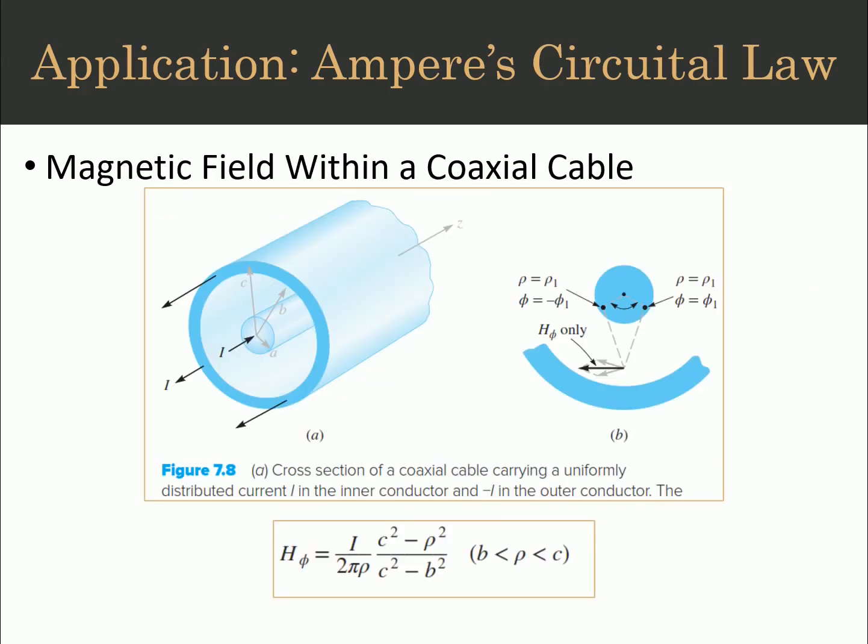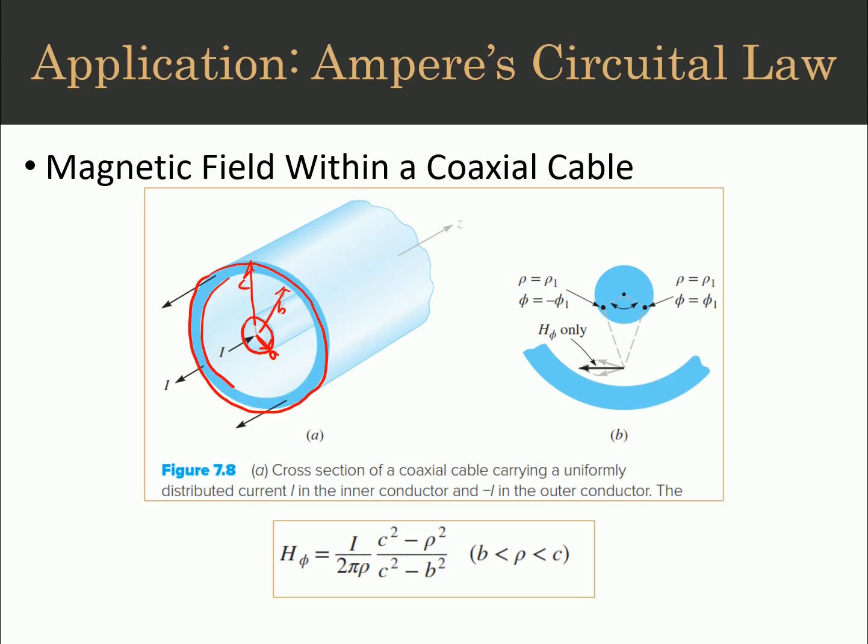Similarly, Ampere's law can be used to find the magnetic field inside a coaxial cable. We read about the coaxial cable in previous sections, where it has an inner conductor surrounded by an outer conductor. The radius of the inner conductor is a, and the outer conductor has two portions, the inner portion with radius b and the outer portion with radius c.